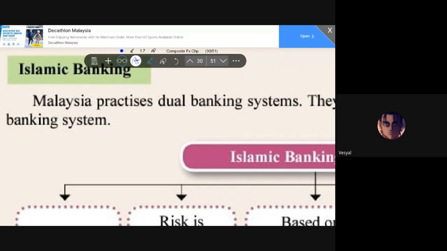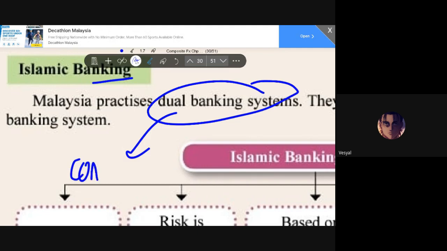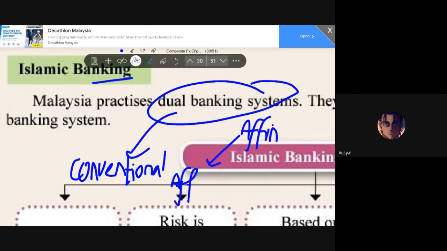So yeah. So next thing is about Islamic banking. This one I don't know lah, but I just put it just in case they ask, because it's in the textbook as well. So I just need to know a bit of it only, nothing much. So this is the dual banking system if you didn't see before. So one of it is the conventional banks. So if you drive around Penang, you will see like let's say Affin Bank, right? There's one just normal Affin Bank, but one on the side here they put Affin Islamic.